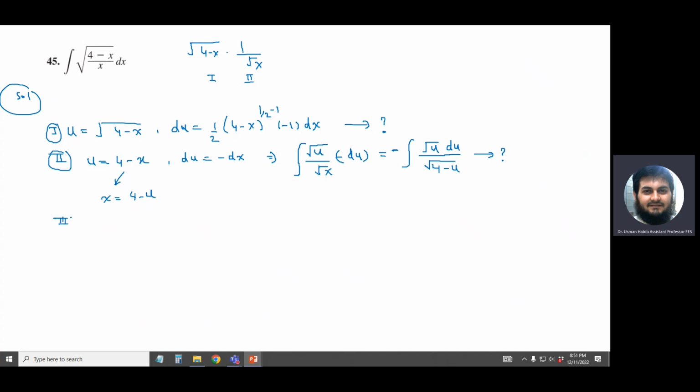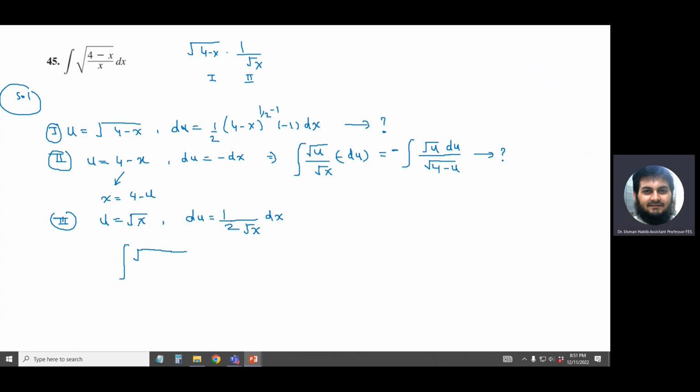Let's do another thing. Substitute u equals the square root of x, and here we get du equals 1 over 2 root x, which becomes du equals that into dx. Now when we put it in the integral, our integral looks something like this.